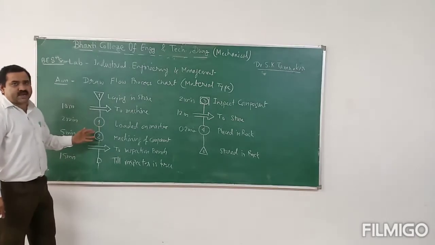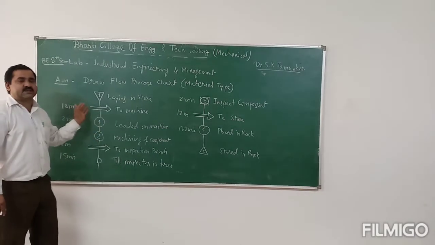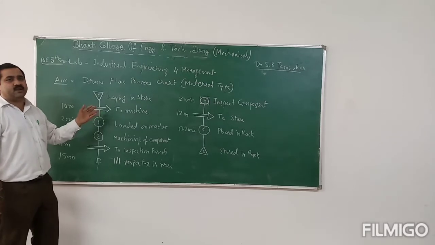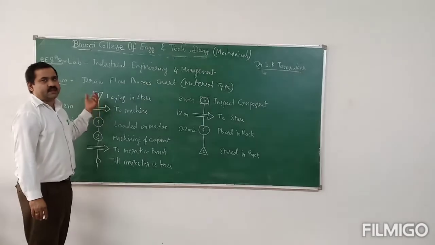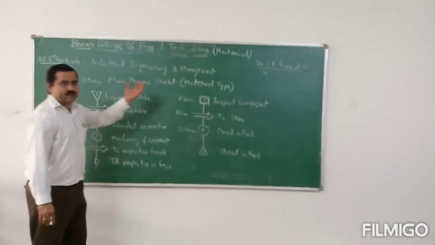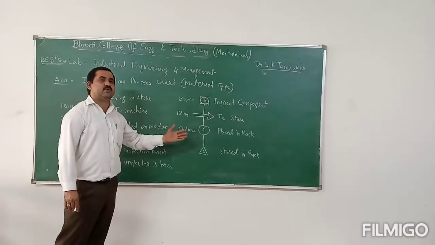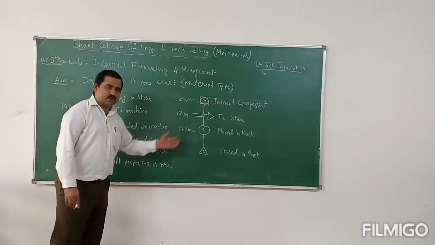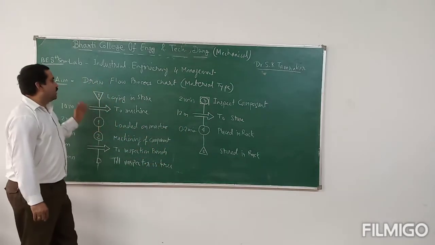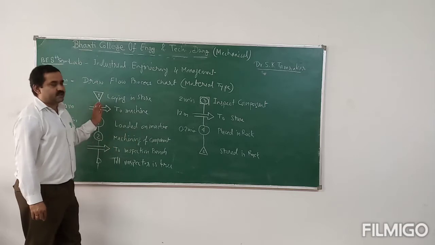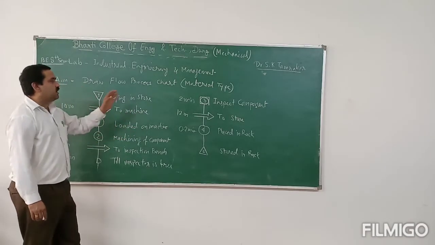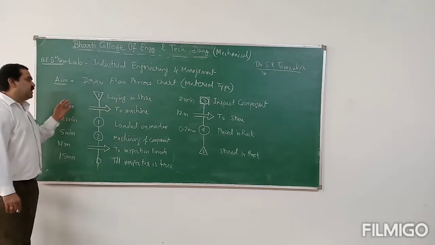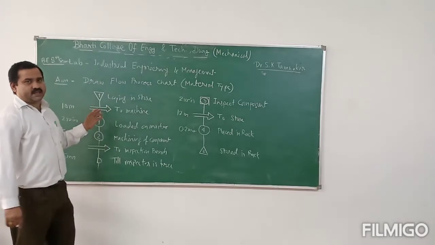What operation time is taken here, what distance the material travels from one place to another, from store to the machine, then machine to the inspection bench, and inspection bench to the store again as finished goods. So after the completion of this flow process chart, you have to make a table where the calculation of different timings is done.